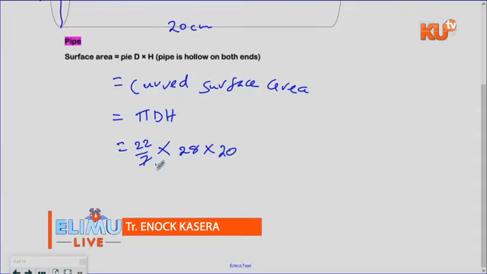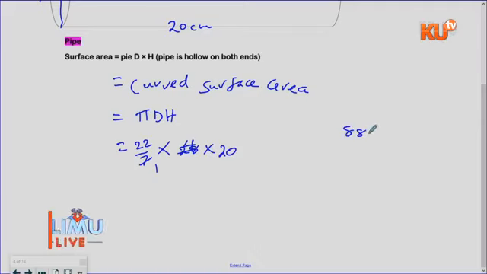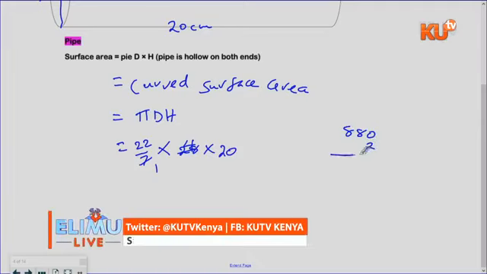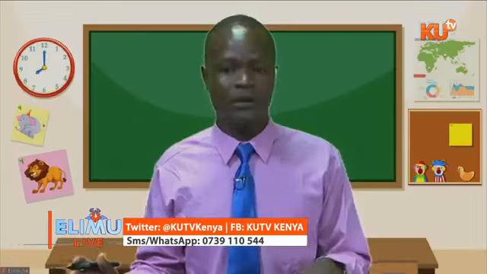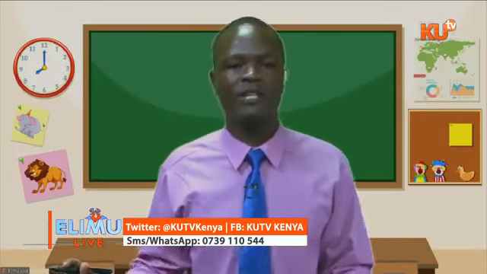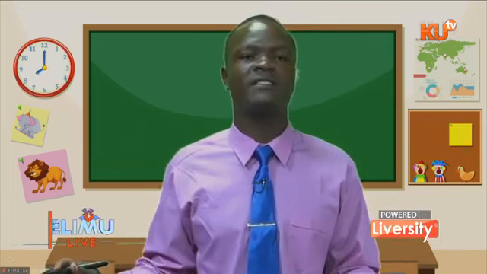So you have 22 times 4, that is 88. 88 times 20: 0, 16, carry 1, 16 plus 1, 17. So our answer becomes 1,760 centimeters squared.